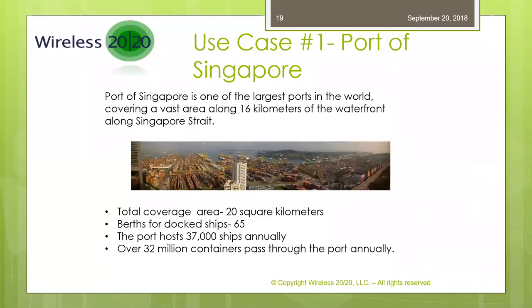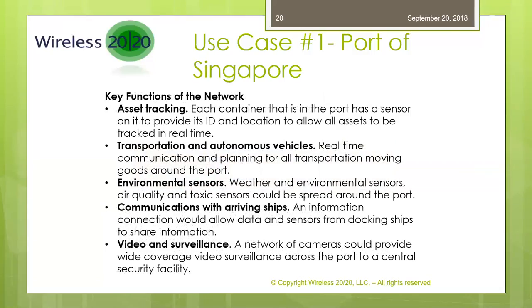There are 65 berths for docked ships. The port hosts 37,000 ships annually. So we can do the math and get an idea of how quickly boats are coming in and out of the port. There are over 32 million containers that pass through this port annually. So certainly one of the busiest ports anywhere in the world.